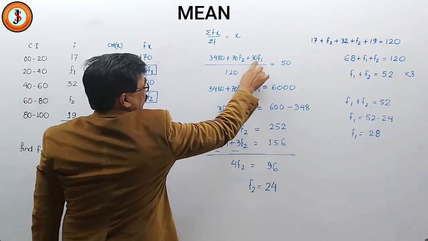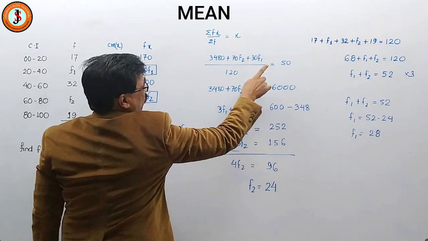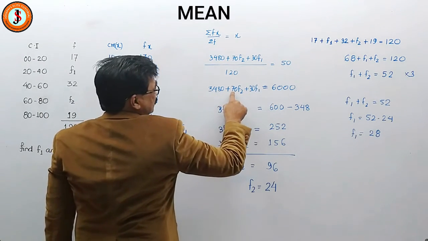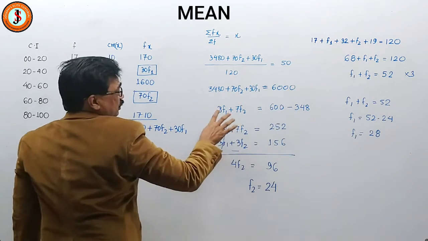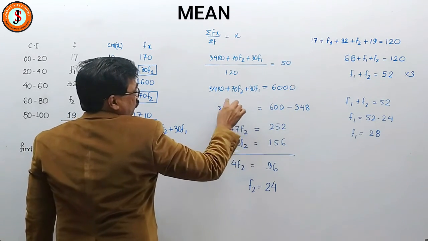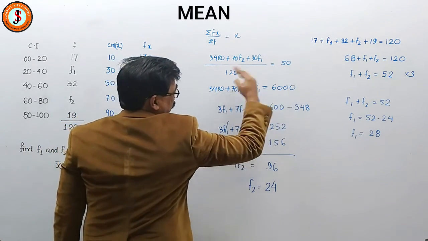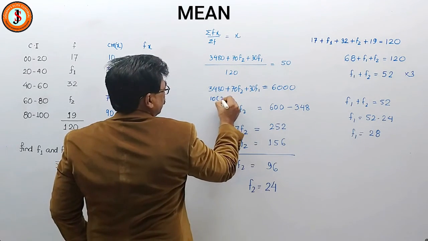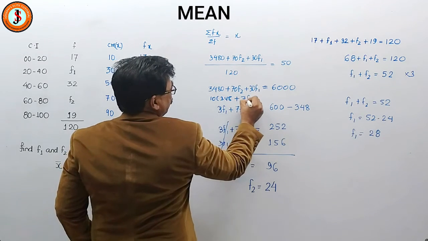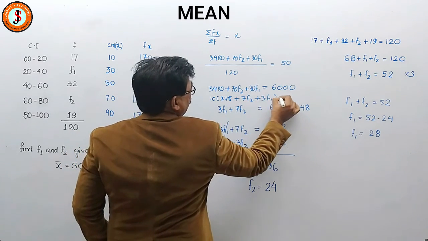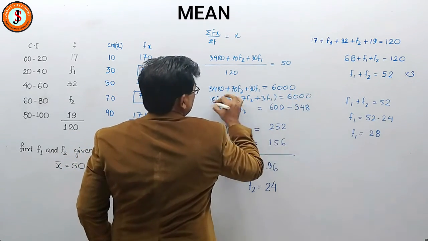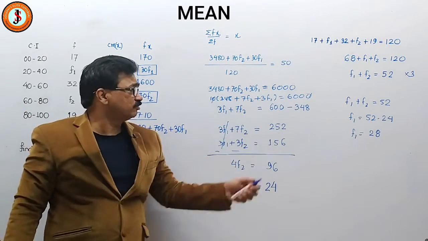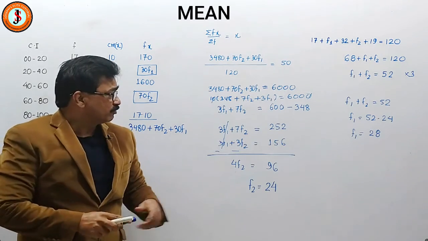Now I take 10 common, so 3f1 plus 7f2 plus 348 and the 10 cancels out. So 3f1 plus 7f2 is 600 minus 348, so 3f1 plus 7f2 is 252.